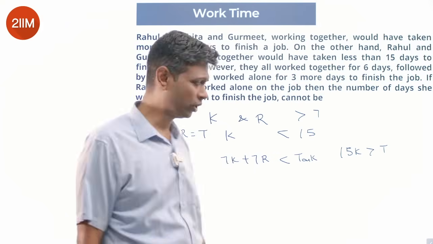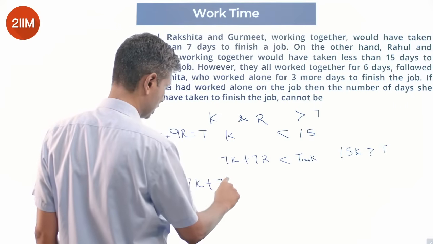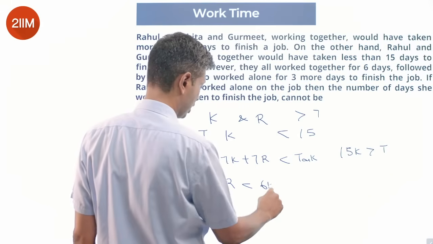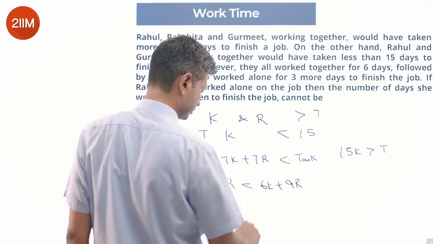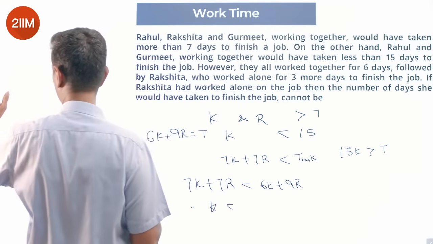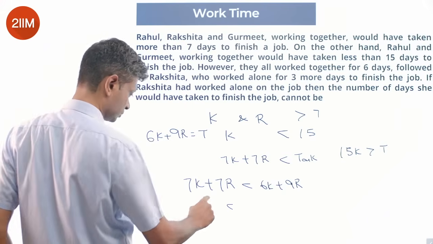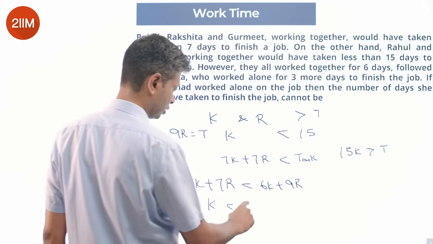Now I've got something going. What can I do here? I can say, hey, 7k plus 7r is less than 6k plus 9r, so k is less than 2r.